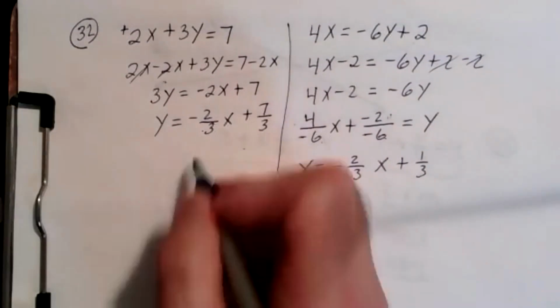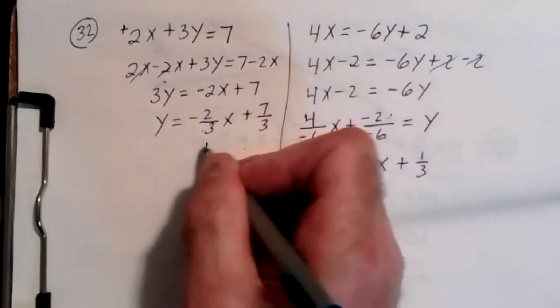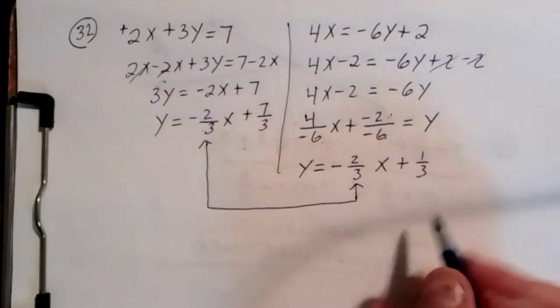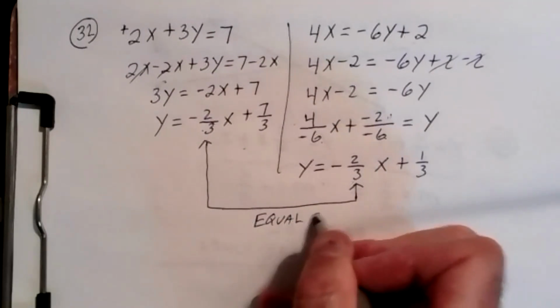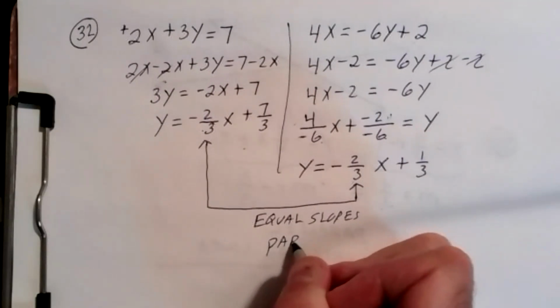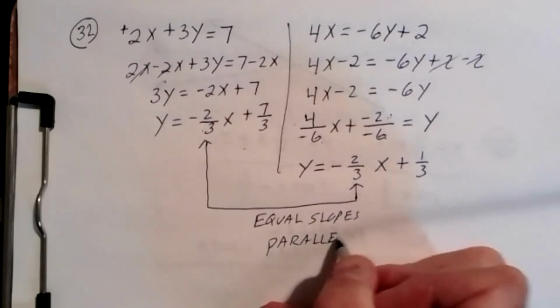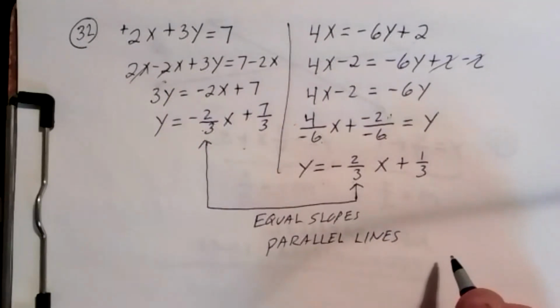Ladies and gentlemen, are these lines parallel, perpendicular, or neither? Parallel. Notice the slopes are equal. And since we have equal slopes, these lines are parallel lines. How do I know they're not the same line?